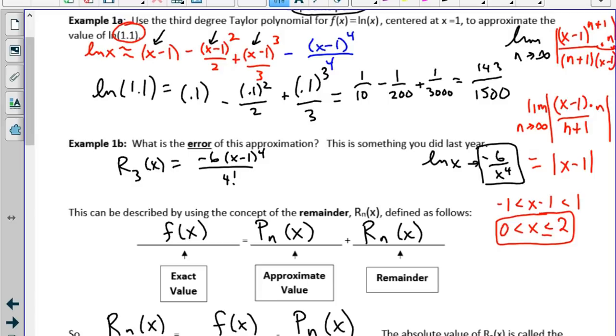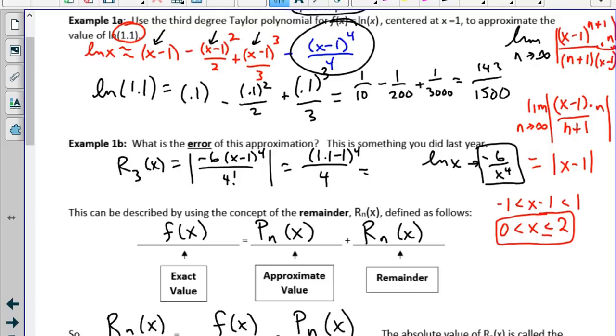Notice that 6 over 4 factorial ends up just having a 4 in the denominator, which is exactly the next term. But again, if the derivative could possibly be bigger, then we would have to take that into account. And then I have 1.1 minus 1 to the 4th power.